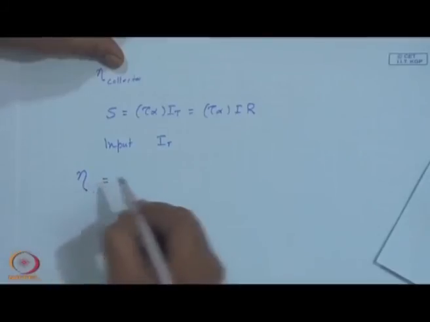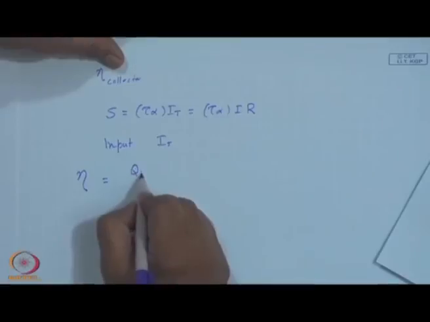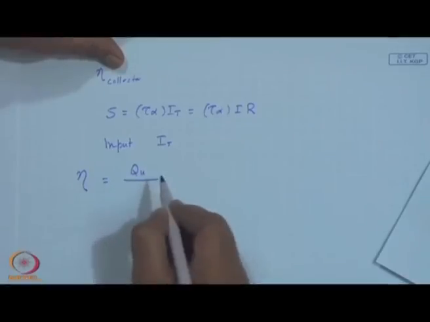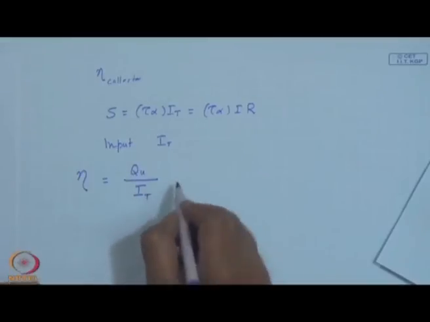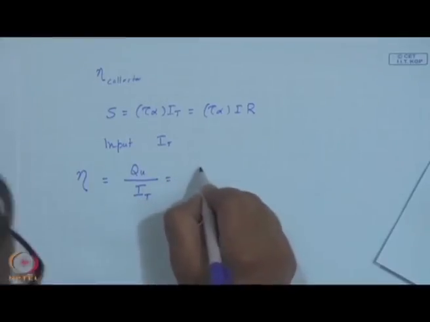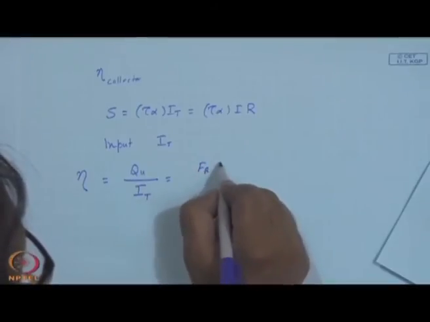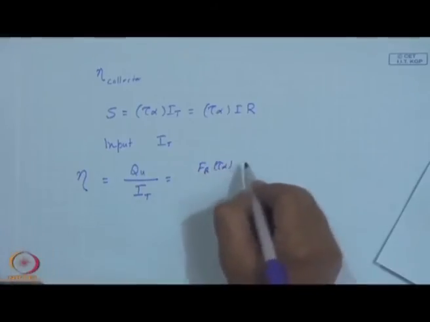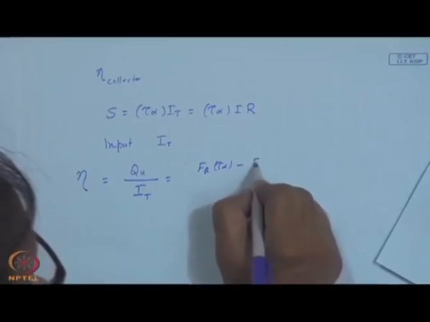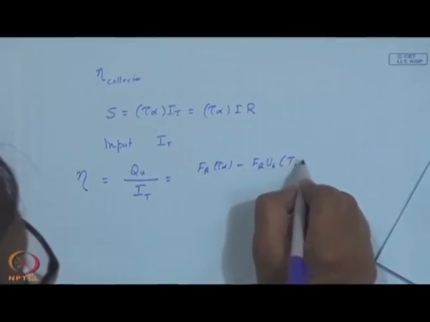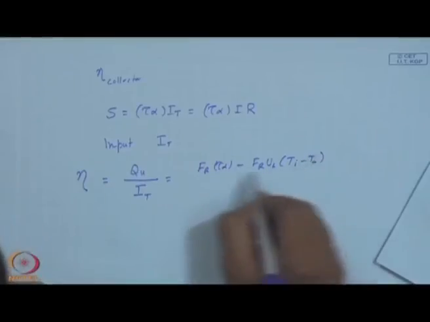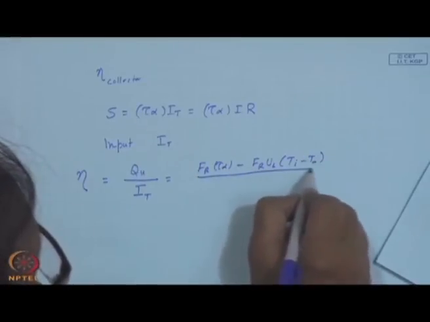So, I may define efficiency to be the useful energy gain upon the input I_T. So, this will be F_R tau alpha minus F_R U_L times (T_I minus T_A) upon I_T.